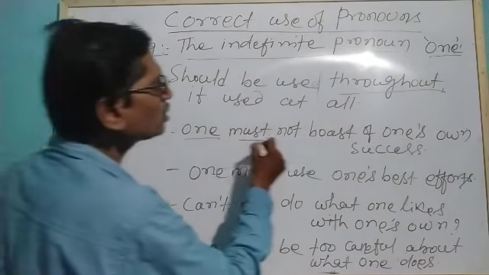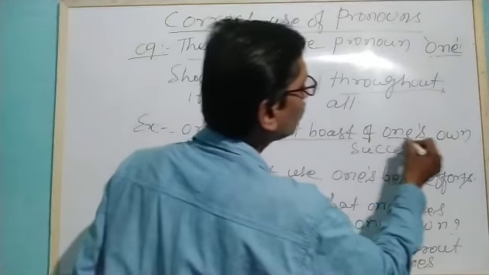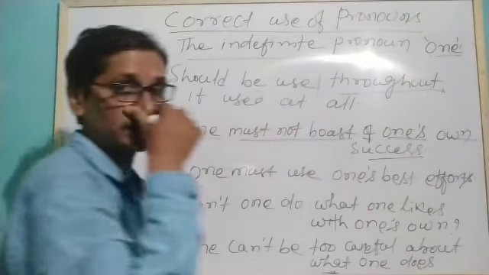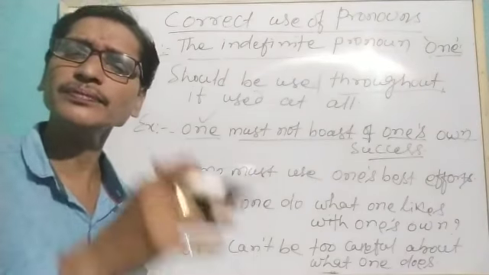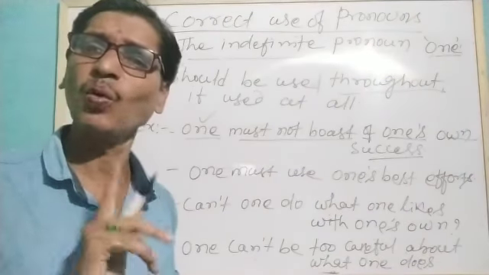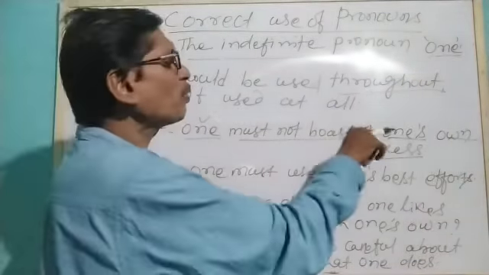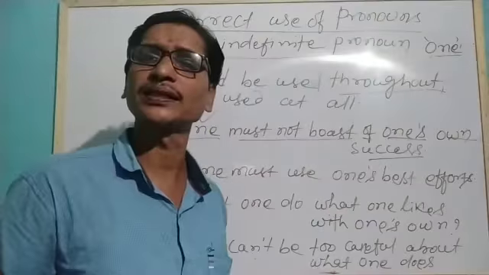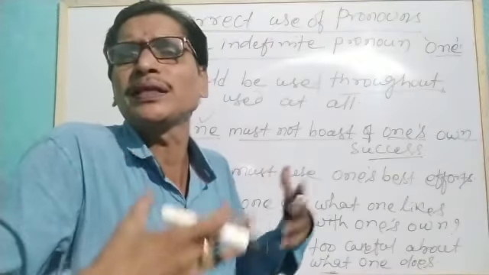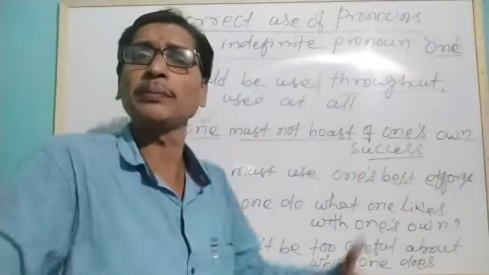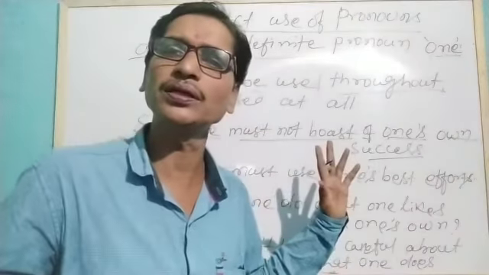Understand? So now let's understand from these examples. One must not boast of one's own success. Here you see we have used one at the beginning. That means a person, one, must not boast of one's own success. That means one should not always tell that I am good, I am the best, I do everything good.